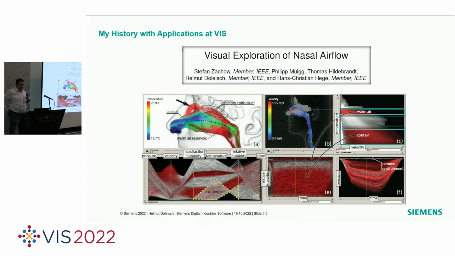So we did scan patients, individual geometries from patients through scans, set up simulations, did all the visual analysis and exploration, and tried to come up with answers of what could lead to an improvement in certain cases for the nasal airflow in problematic cases where people might have some limits for their breathing.